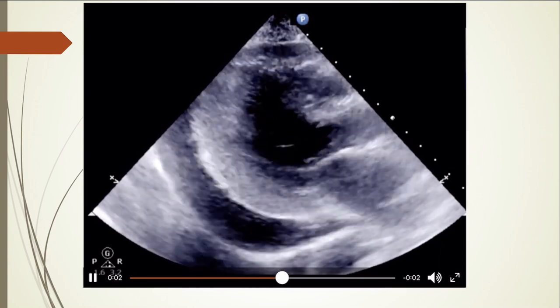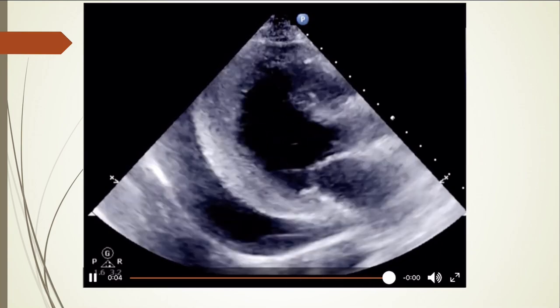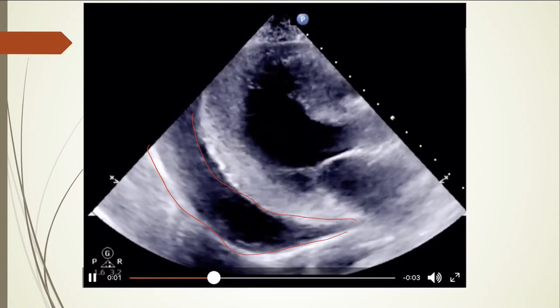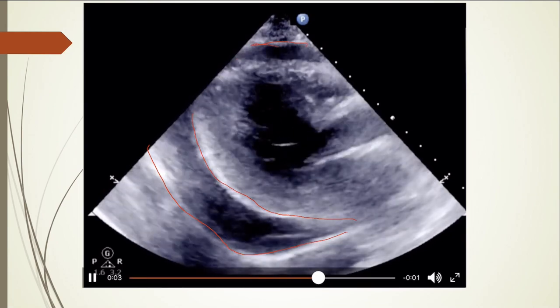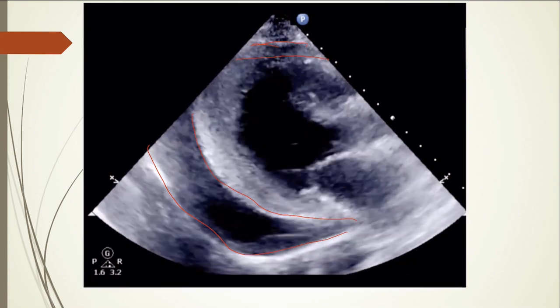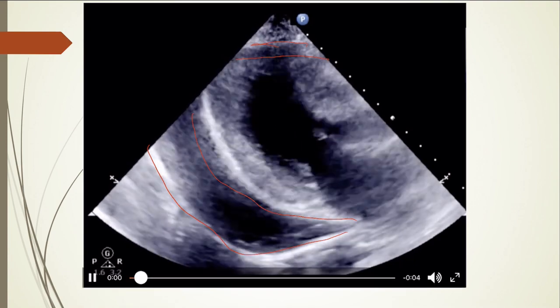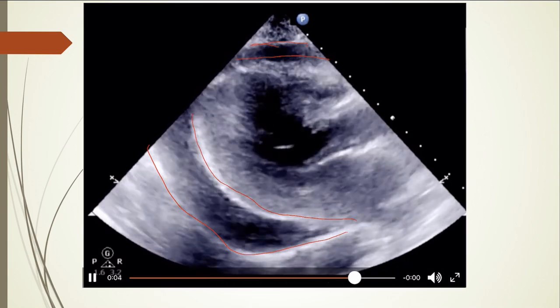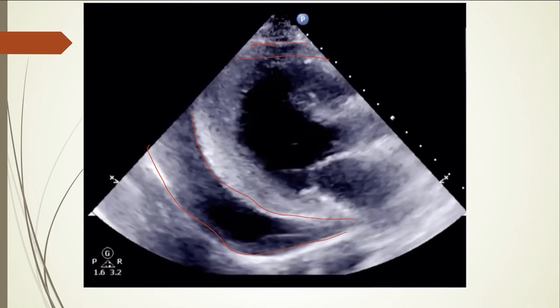Next slide. And you can see that there's a good effusion going on here. All this is effusion. And right up in here, you can also see effusion. And you can see this is a parasternal long axis view.